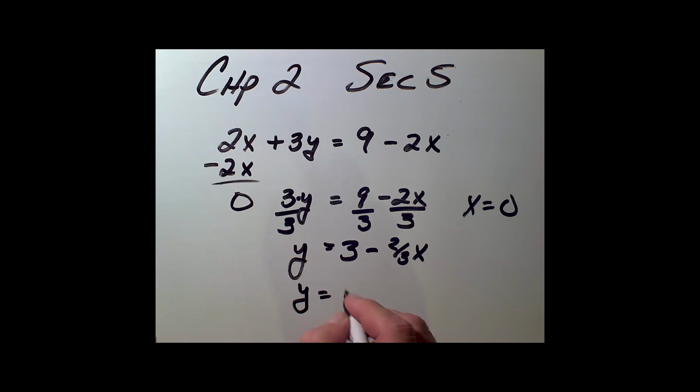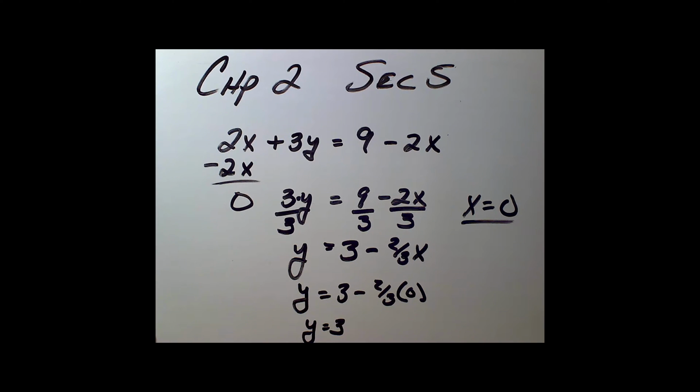Y equals 3 minus 2/3 times 0. We replace the x with 0. And what do we get? Well, anything times 0 is 0, right? So we would end up with y equals 3. That would be our answer. If x equals 0, then y equals 3.